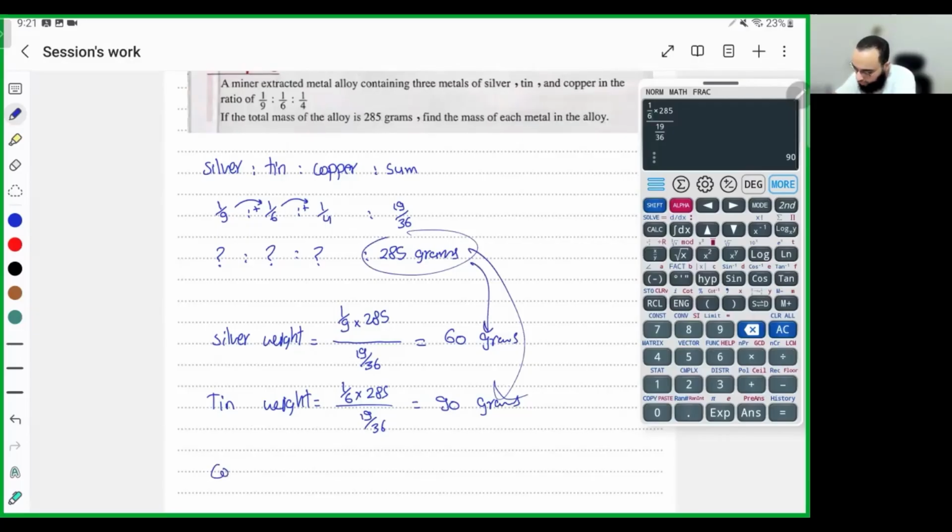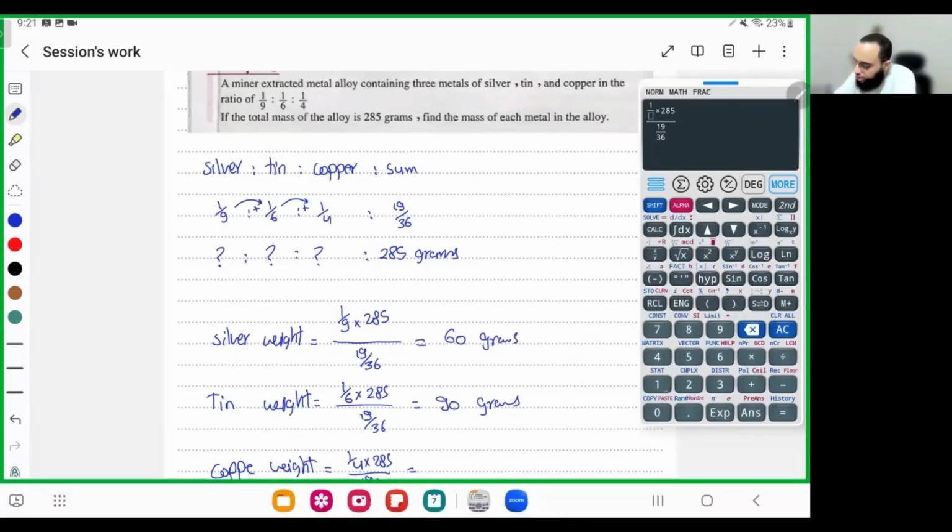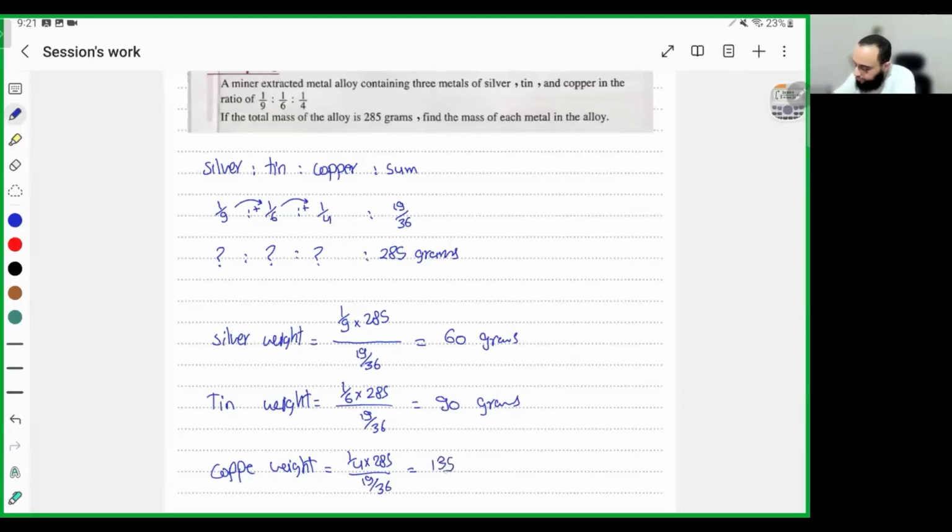It's also correct. I can get it with cross multiplication. Both are correct. It's 1/4 times 285 over 19/36. Only I change the 6 into 4. It's 135.